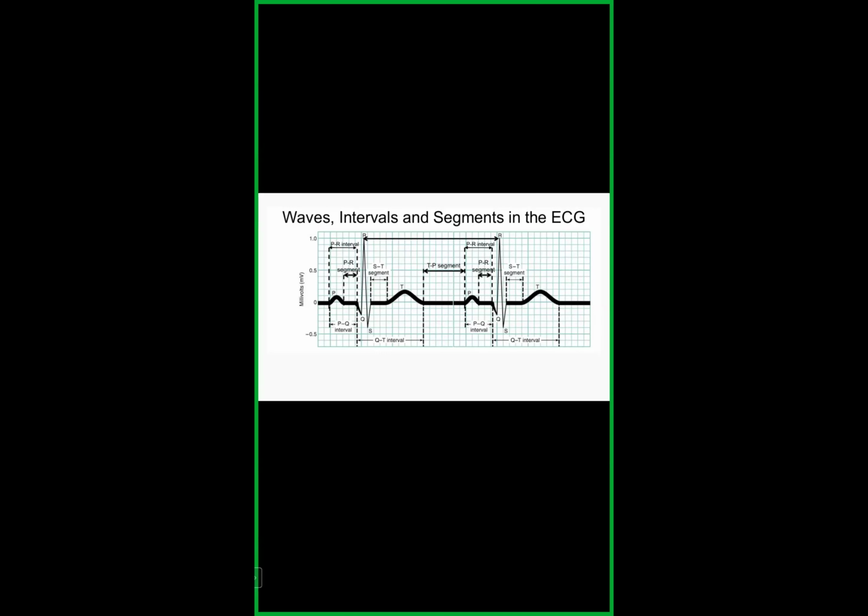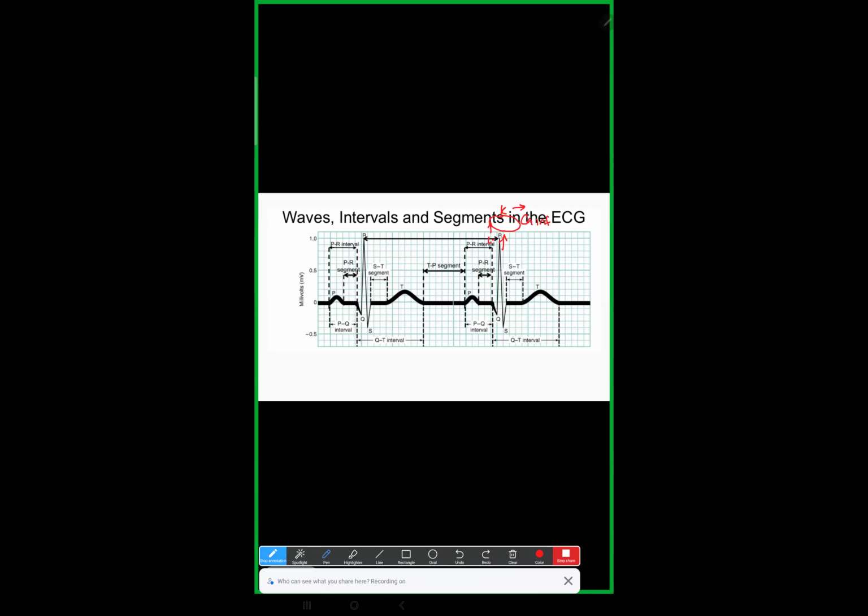So here we have atrial depolarization. And then the PR segment here is the time it takes for the depolarization to go throughout, the delay basically, where the depolarization goes throughout the bundle of His and so on and so forth.